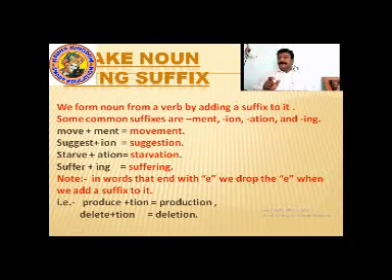Whenever there is a word that ends with e, for adding a suffix, we drop that alphabet e. For example, let's see produce. When we say produce, for adding a suffix to it, we drop that e. We never use that e. That e is dropped.